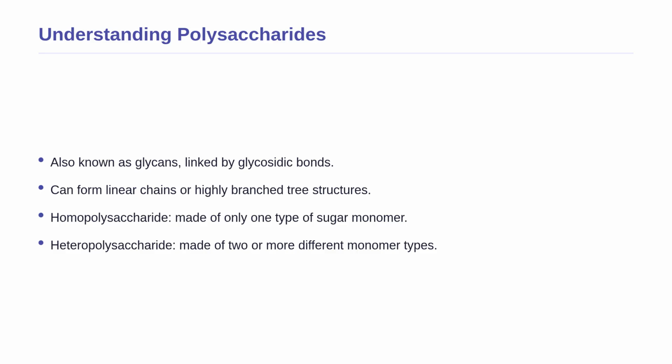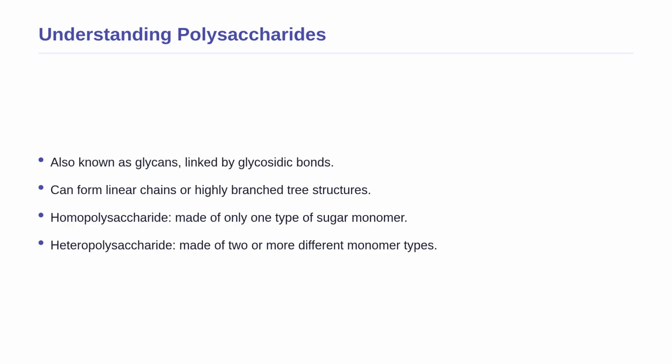Now that we have our Lego analogy in mind, let us look at the formal definitions. Polysaccharides, which are also known as glycans, are large polymeric macromolecules. They are composed of many monosaccharide units linked together by specific connections called glycosidic bonds.